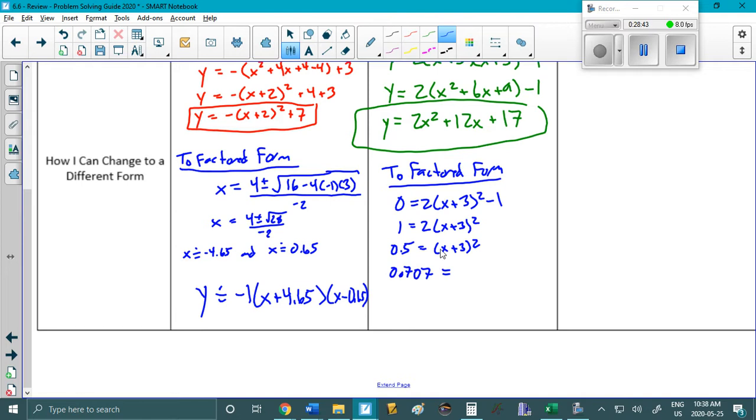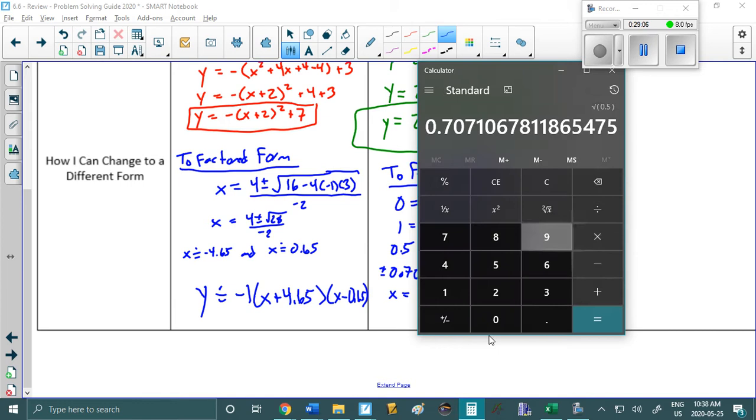So 0.707 equals the square root of x plus 3 squared, which is plus or minus, right? So the square root of this is plus or minus 0.707. And the square root of x plus 3 squared is x plus 3. So we get x equals 0.707 minus 3.